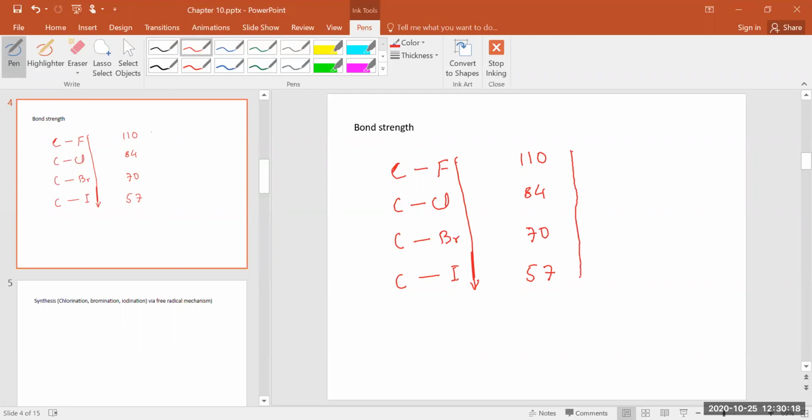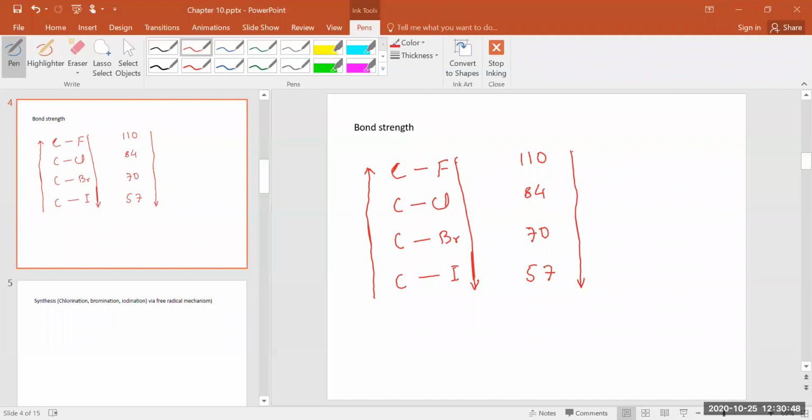It is easy to remember because the bond length is increasing. You need not memorize this data, but you should know the rule: bond length will increase and bond strength will decrease, and it's the reverse.